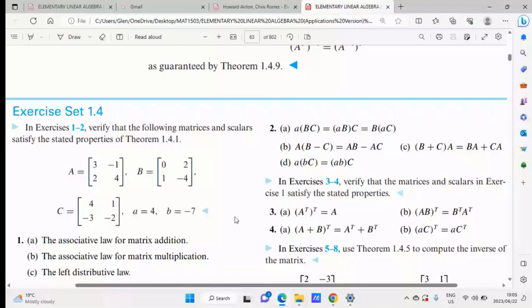The first entry is going to be 18. So 4 plus 14 is 18. We agree on that, right? Then we go to the second entry of the first row, which is 8 for BA, and 0 for CA. 8 plus 0 is 8.